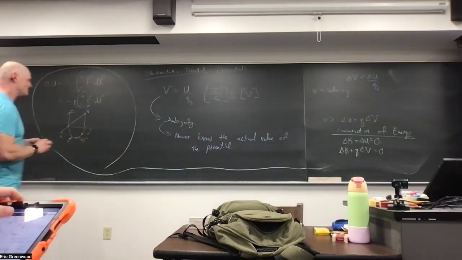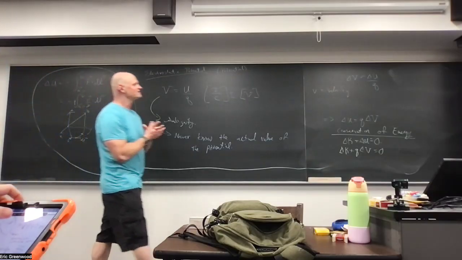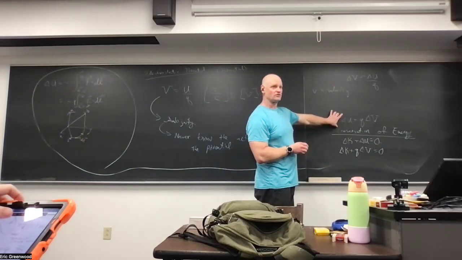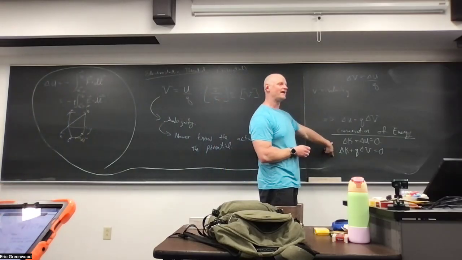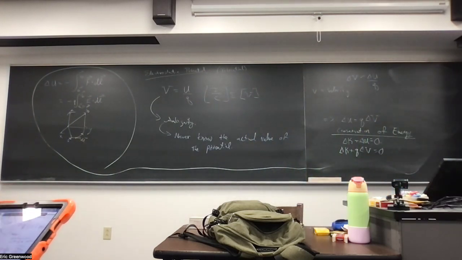So what this says is, if I can measure the potential difference between 2 points, I can then determine exactly what the potential energy is, and then I can apply conservation of energy to determine things like a velocity.